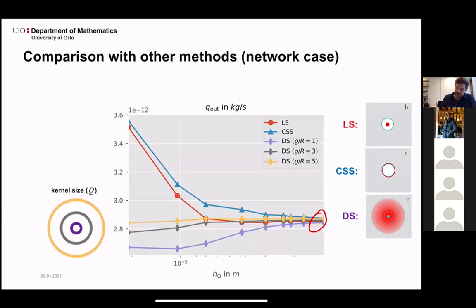But then what we notice is if we choose this kernel about 3 times the radius, for example, we can already, for a very low resolution of the 3D mesh, get a very good estimate of this flux. While for some other methods, we get very poor estimates here with a deviation of about 50% for these coarser meshes, and then later we can also recover the same flux.